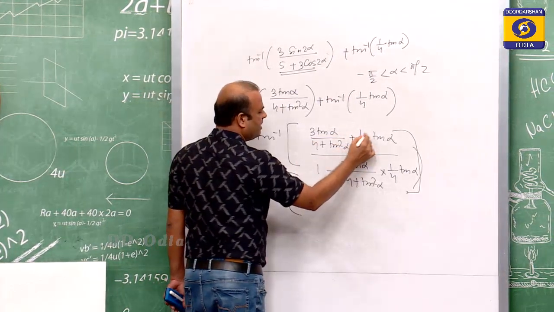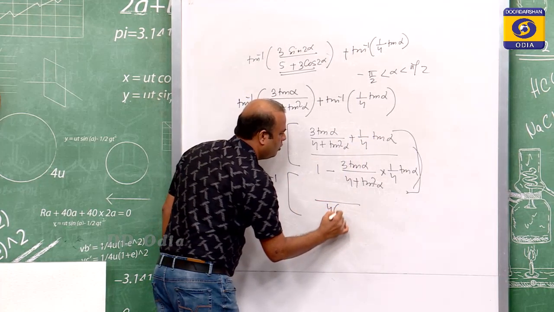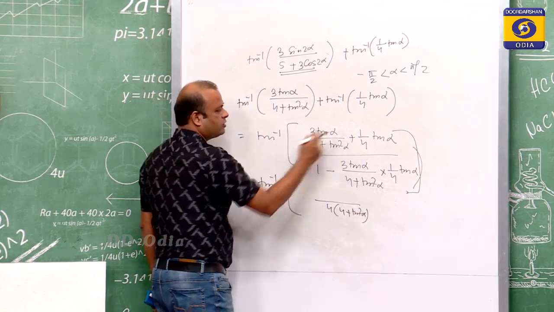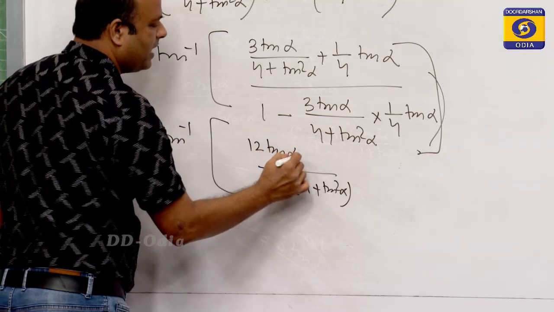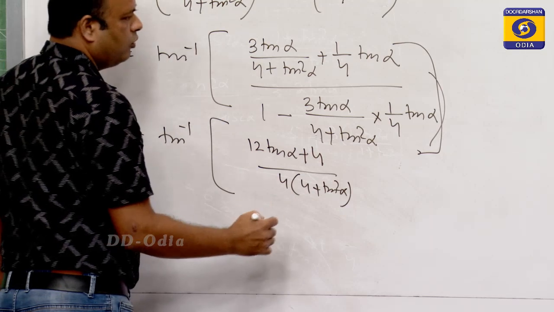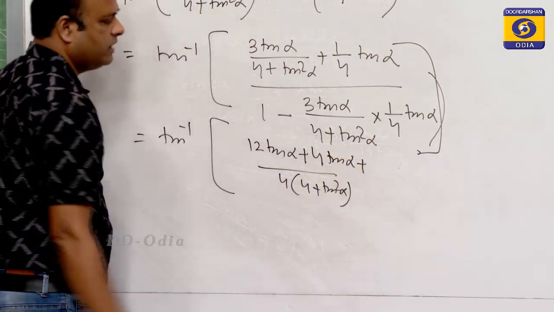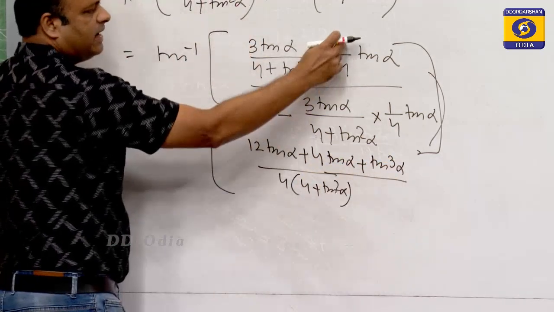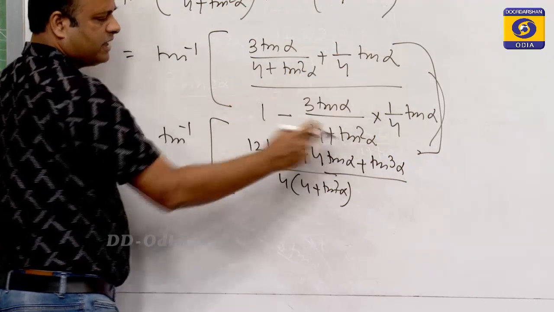So after simplification, we will take the LCM. The LCM is 4 tan alpha into 4 plus tan square alpha. Now the numerator is 12 tan alpha plus 4 tan alpha plus tan cube alpha.